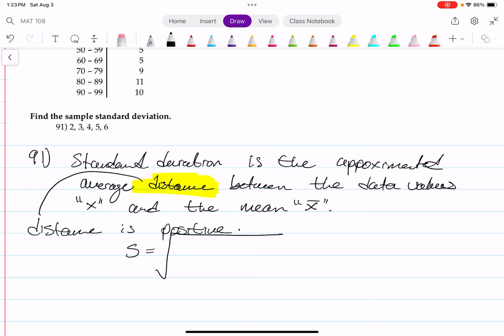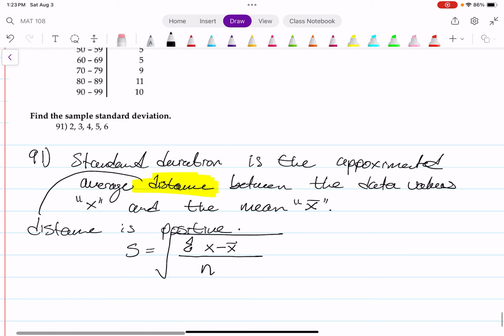So how do you find the average? Well, you divide by n number of values, and that means we have to find the sum of the differences between the data value and the mean. But because distance needs to be positive, and you cannot find the square root of a negative number and expect to get a real number out, we are going to square the differences. We call those the deviations.